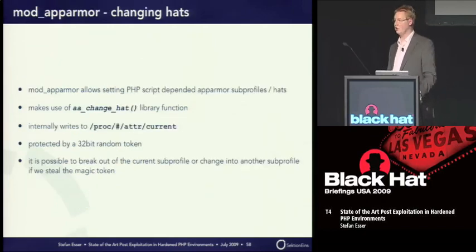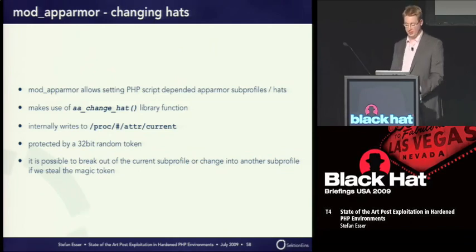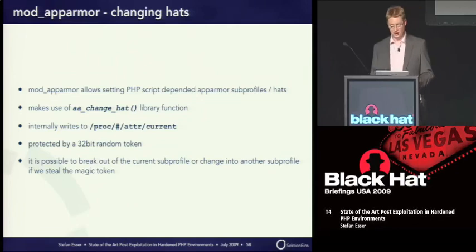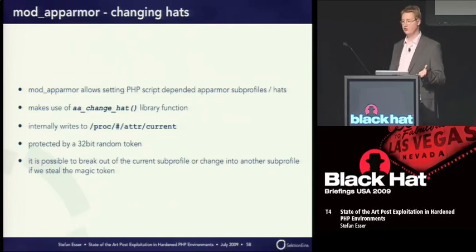The last thing I want to talk about is AppArmor, which works on kernel level, and it allows you to limit the files and all the things a process can access, and whether it can have read, write, or executable access. And there's another thing, an Apache module called mod_apparmor, and this module allows you to change the profile that is used depending on the PHP script that is executed.